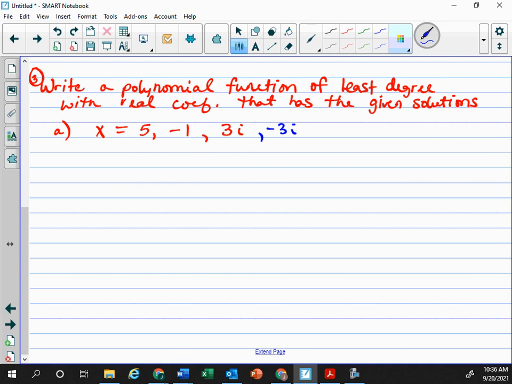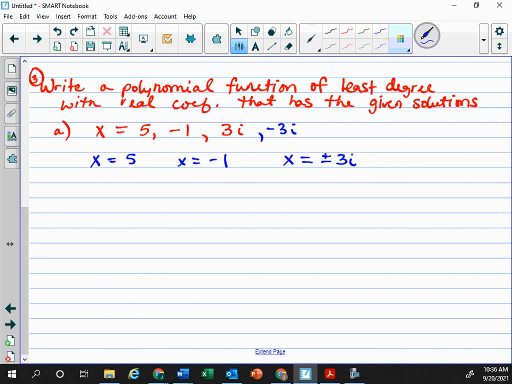Okay. The next step here, you don't have to write this every time. I just want to show you where this is coming from. So this really means x equals 5, x equals -1, and then I'm going to write x equals plus or minus 3i. Would you agree those are my solutions?